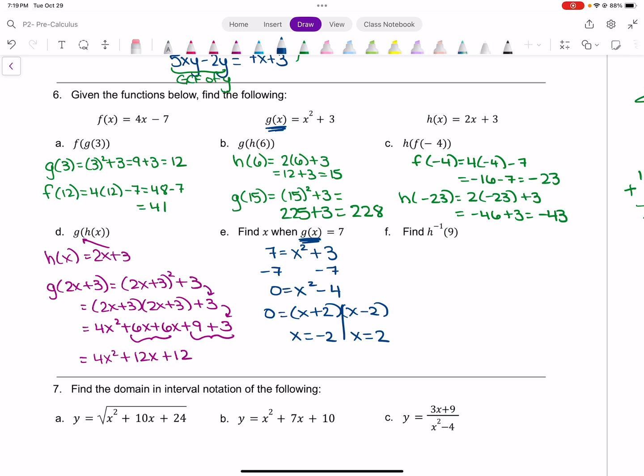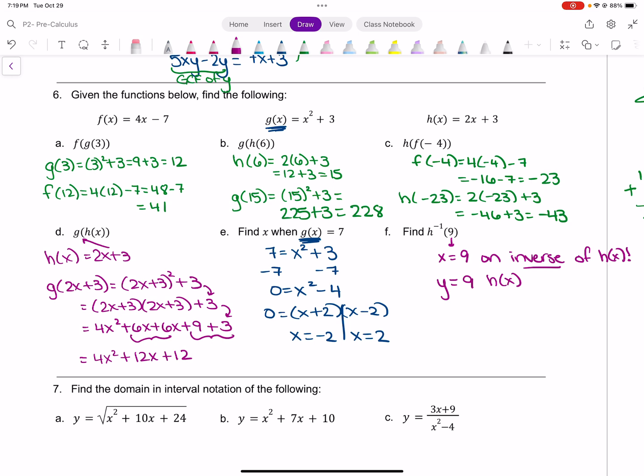And then for F, find h inverse of 9. So they're telling us that x equals 9 on the inverse of h of x. So that means if inverse means switch x and y, that it's the y equaling 9 on the h of x graph.